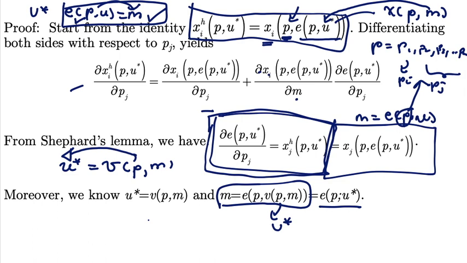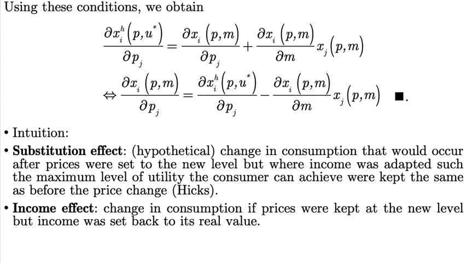We still need to get to the proof. So here, using these two conditions, what we can get is the next line. As you can see here, the left hand side stays the same.